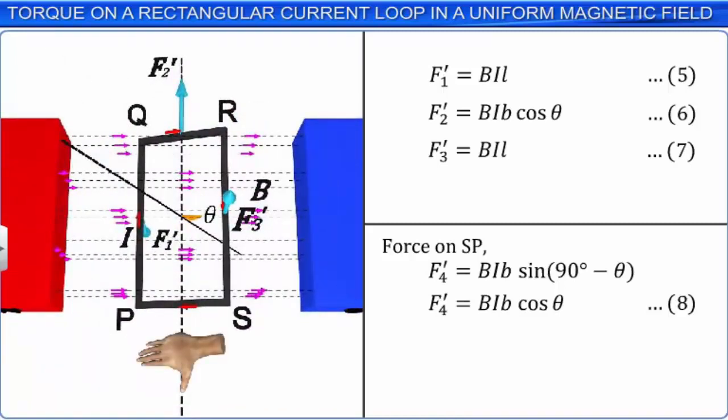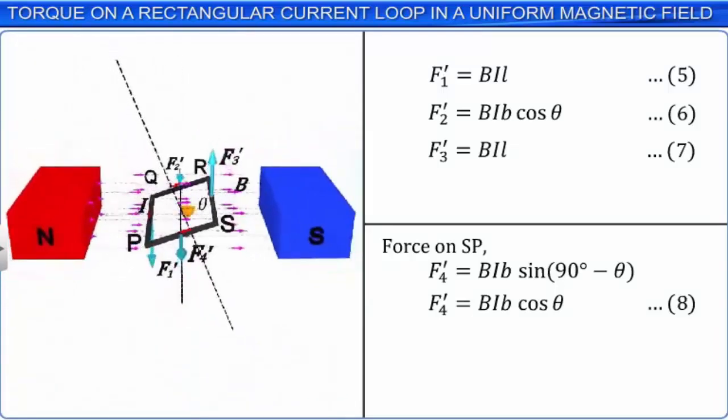When the four fingers of a stretched right hand curl from the direction of current in SP towards the direction of magnetic induction B, the thumb indicates the direction of the force on SP. Thus, the force F4' acts perpendicular to the plane containing I and B outward of the loop along its axis of rotation.